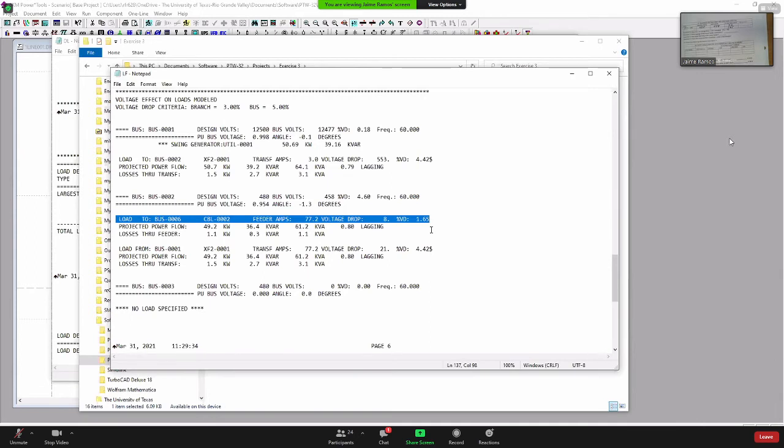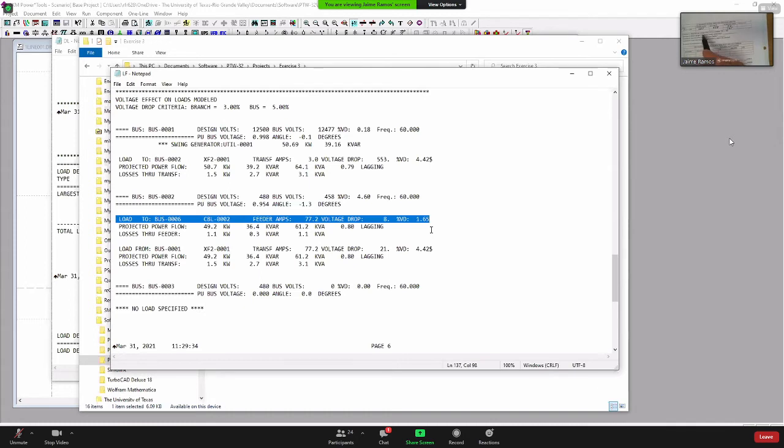Percent voltage drop, bus 02. Losses through feeder. Then we see losses. And then load from bus 01 to. Okay. So that's it, and then there are questions here.